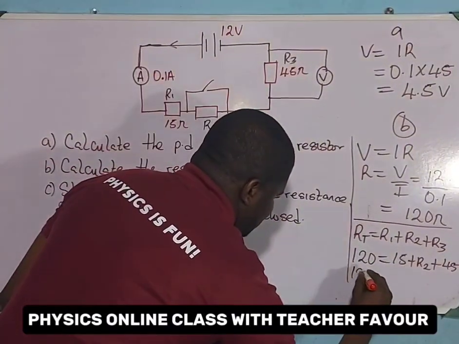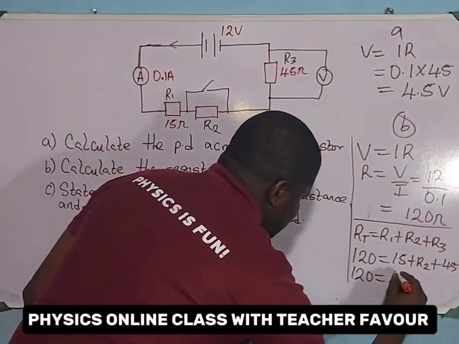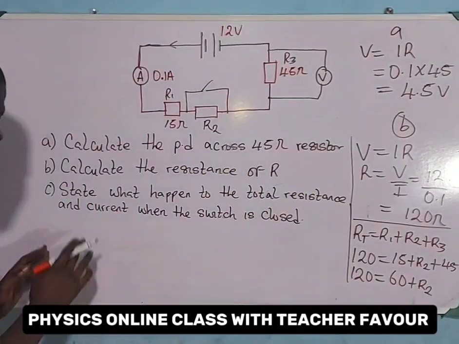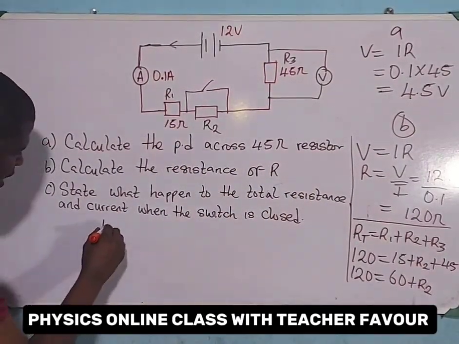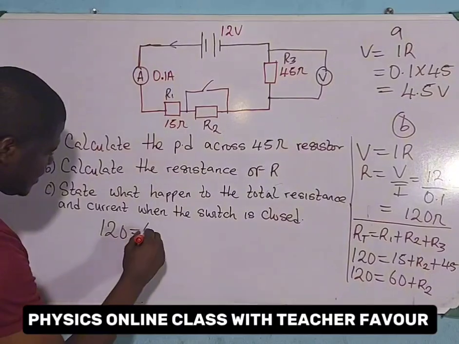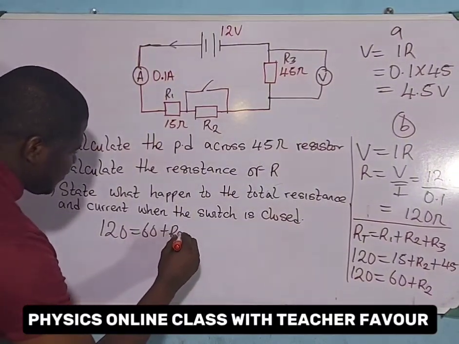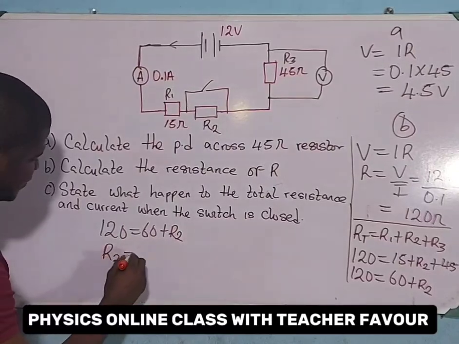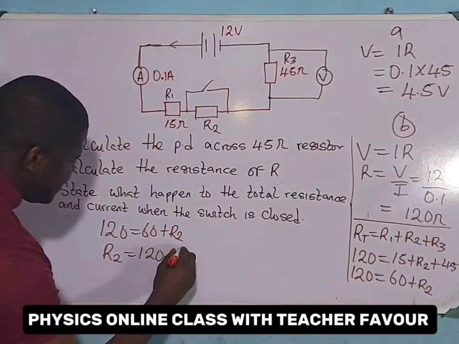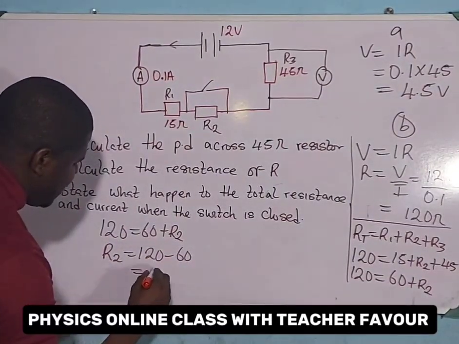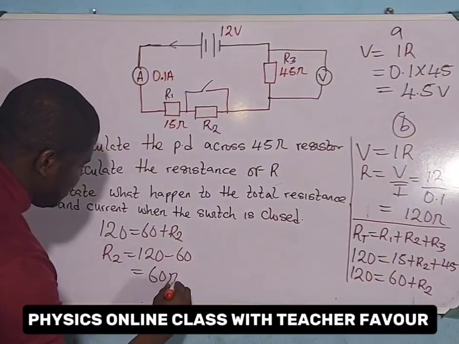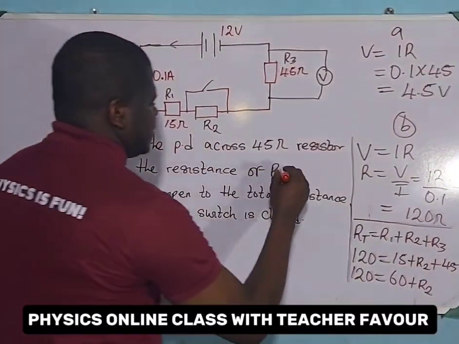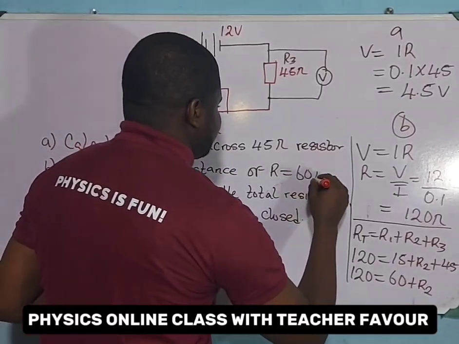We're going to have 120 equal to 60 plus R2. 60 will cross the equality sign. We're going to have R2 is equal to 120 minus 60, and 120 minus 60 is equal to 60 ohms. So the value for R here is equal to 60 ohms.